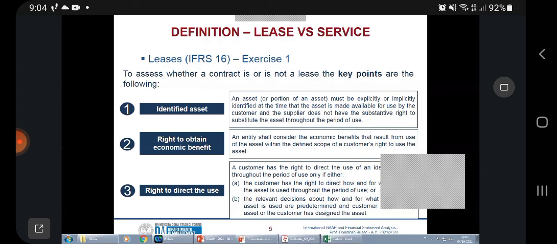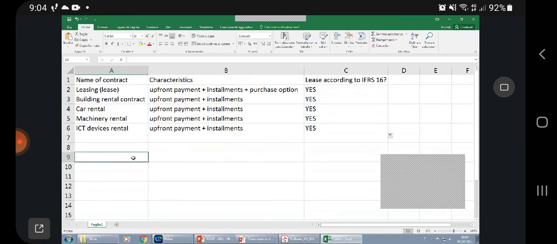Okay? So, in some particular contracts, it could be not so easy to verify if the contract is a lease or if the contract is a service. If it is a service, for example, if you want to transport some goods from Turin to, I don't know, Beijing, in most cases you enter into a service contract.